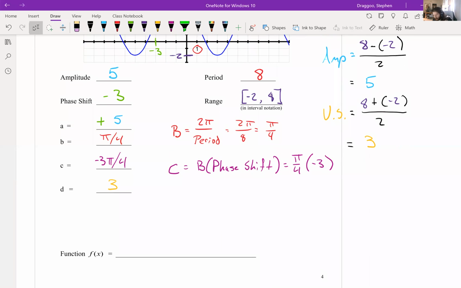And then finally, we just have to drop this all into a function. So our function should be 5 times the sine of pi over 4x minus -3 pi over 4, plus 3.